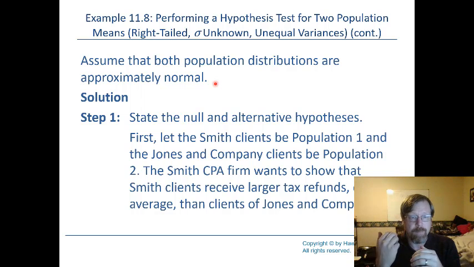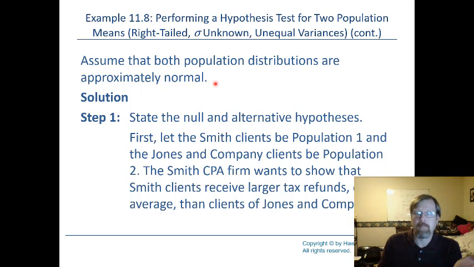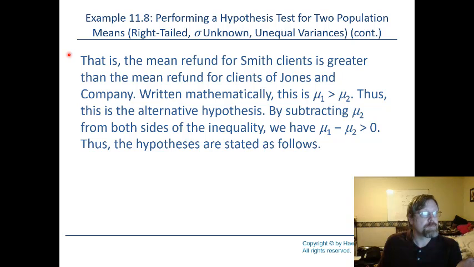They want to show that population 1 received larger tax refunds than population 2. So there we go. It's mean population 1, its mean tax return size, it's greater than population 2. This is our alternative hypothesis.